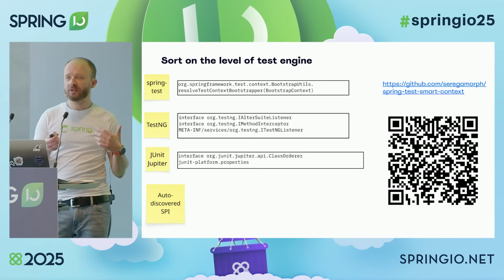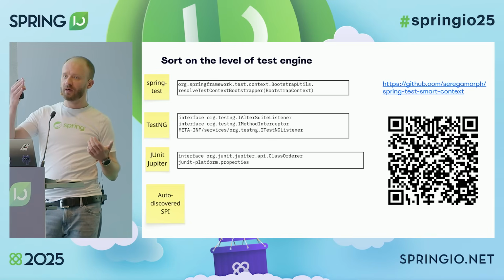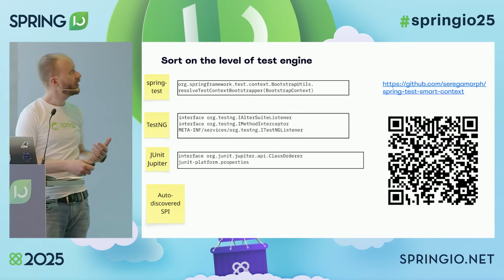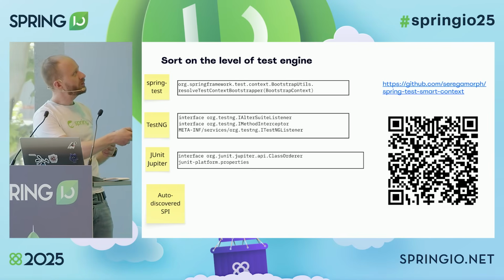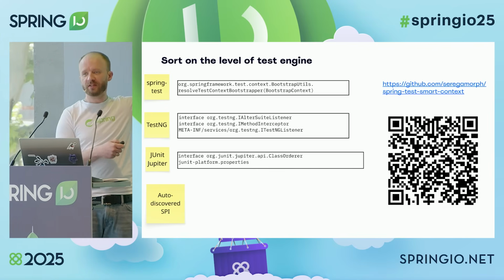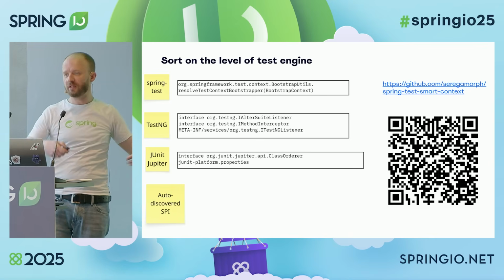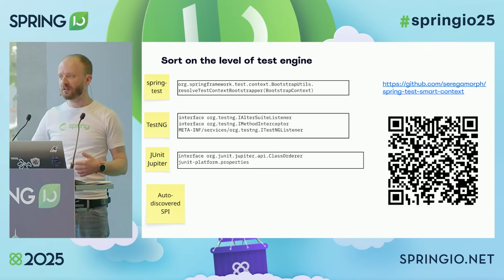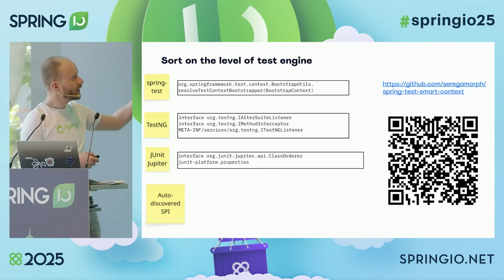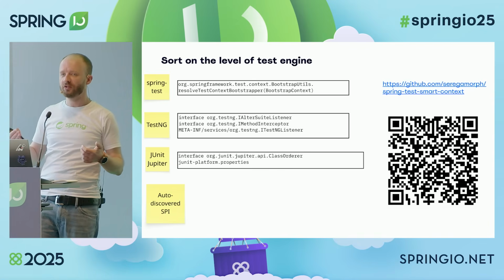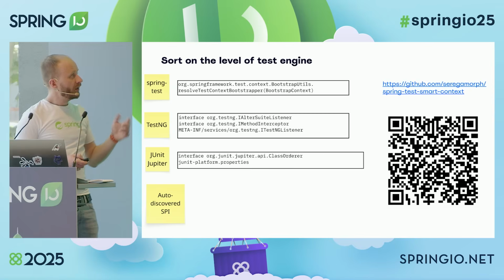So how will this implementation look? It has a list of integration test classes as input. Then it uses a Spring Test utility, exactly the same one used by the Spring Test framework itself when it makes a decision whether the cached context can be reused or not. According to the calculated merged context configuration, we can reorder the tests.